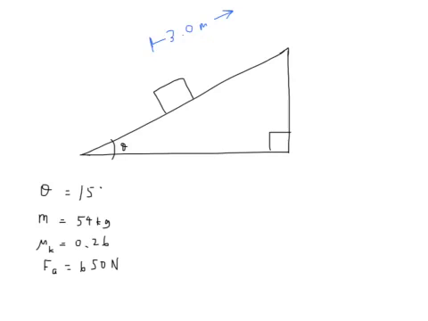Now, what we're asked is to find the work done by each individual force acting on the block. So to find the work done by each individual force, first we should start by drawing each of the forces on the block. So there's always weight pulling down, right? And since we're talking about work here, I'm going to stop using W for weight, and instead use Fg, force of gravity, just to avoid confusion.